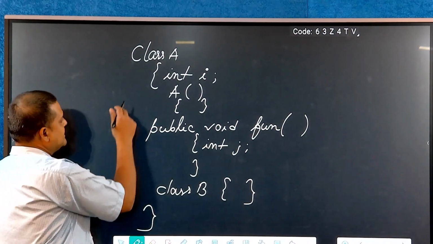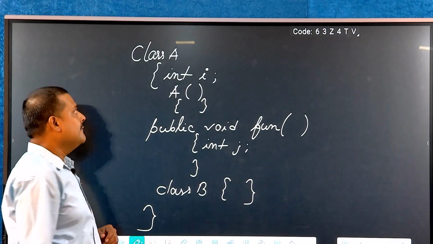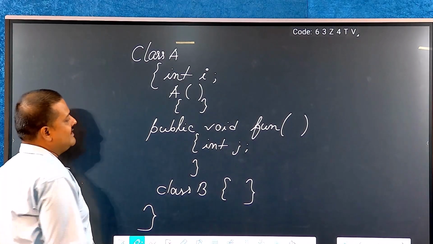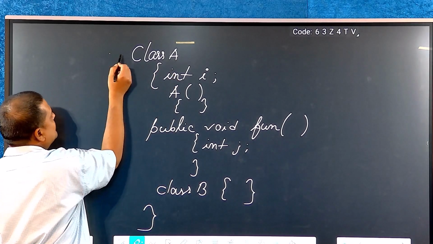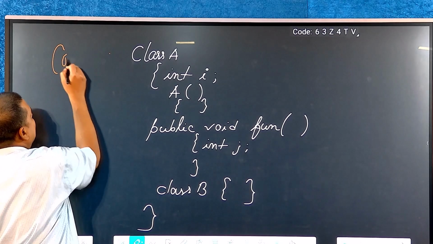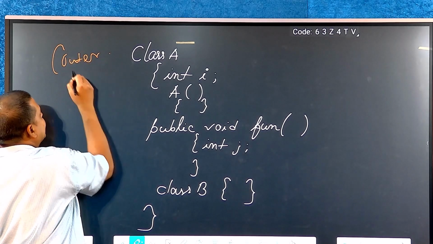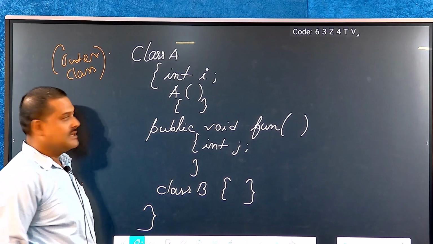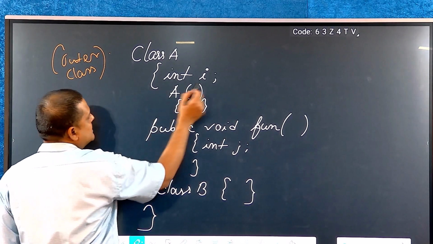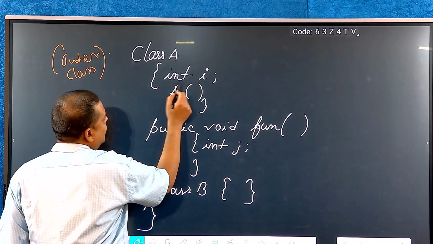This is class A, and in this class there are different members. This is called the outer class. Within a class there are some members, this is int i.